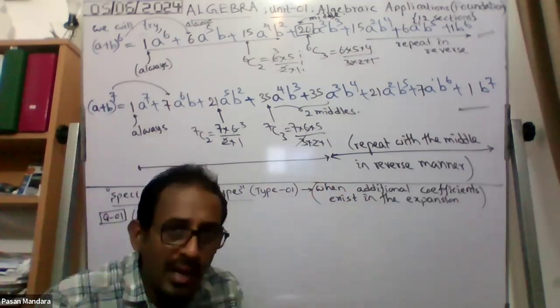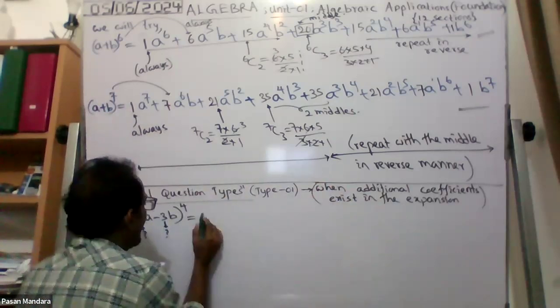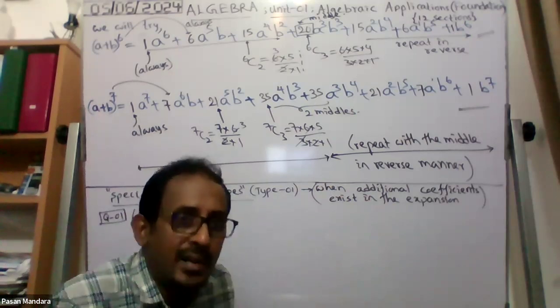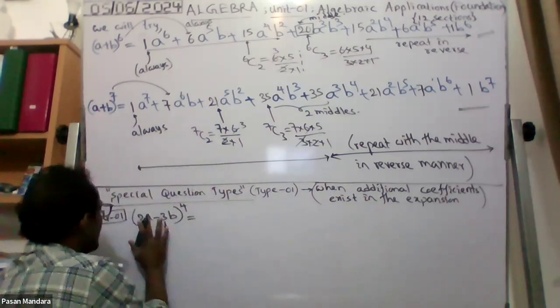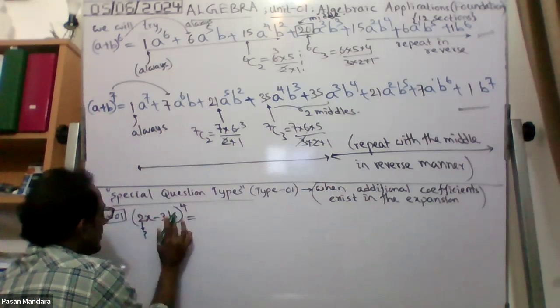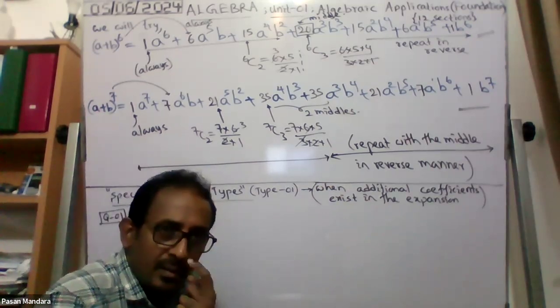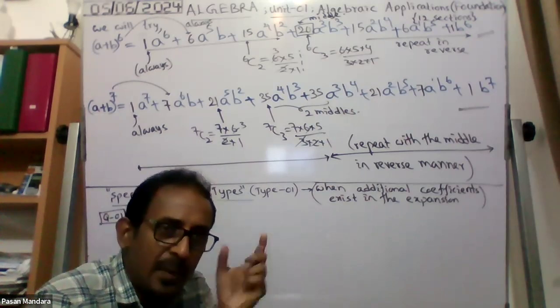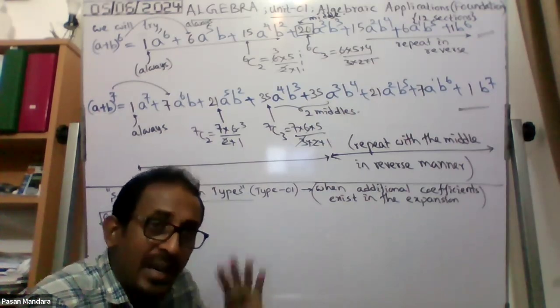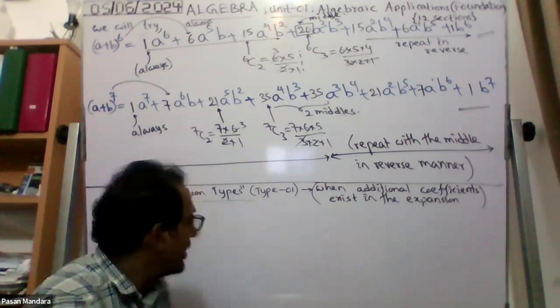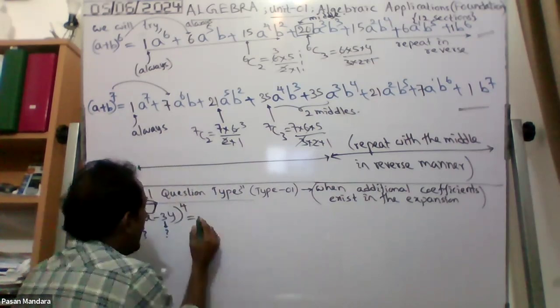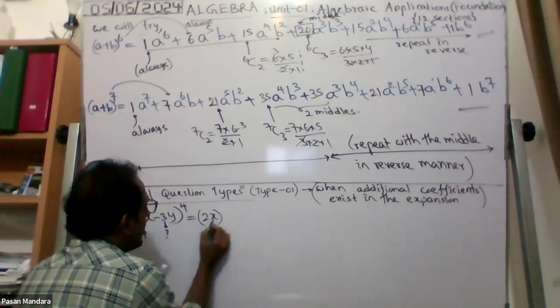But you know they are not A and B. See, this is the idea. I'm reading A but not writing A. I'm taking this as A plus B to the power 4. But I know my A is 2x, B is minus 3y. So I'm expanding now. A to the power 4.